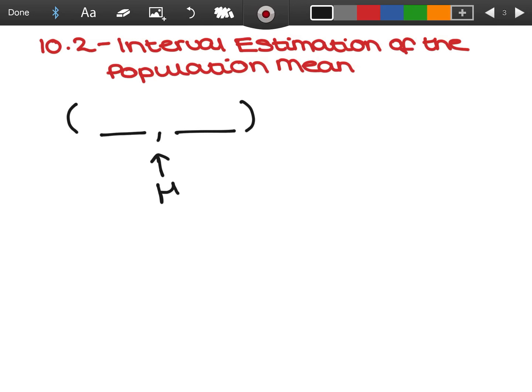So what we really want is a smaller, more compact interval where we are more certain that the mean is within it, because it will give us a better estimator. It may be more difficult to find, but it will give us a better estimation for where that mean actually lies. To do this, we are going to go back to the central limit theorem.